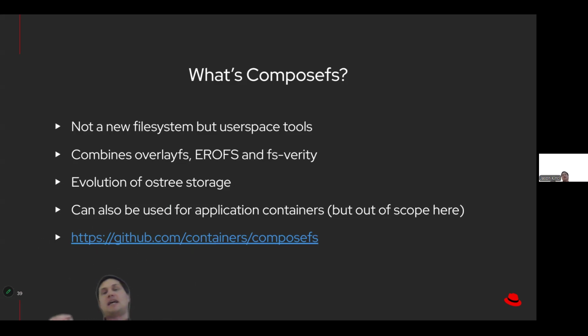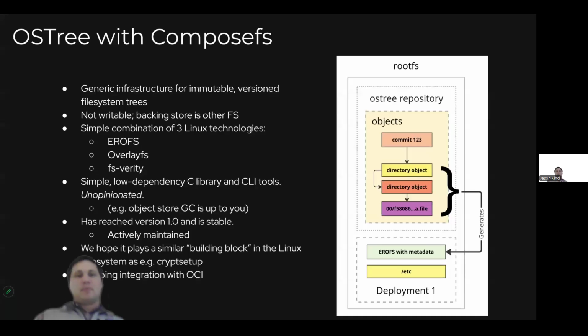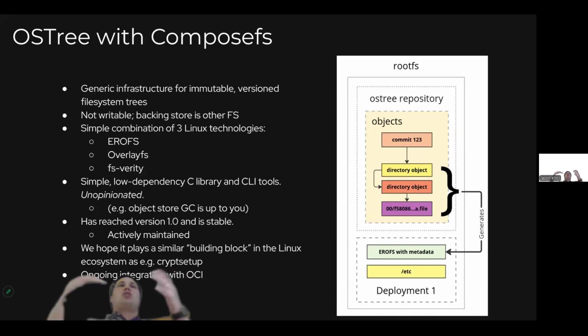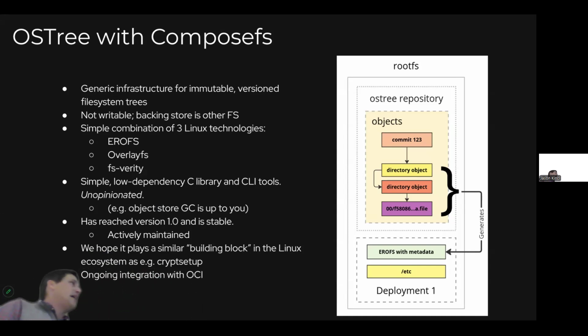So ComposeFS is our next evolution on OSTree storage, by combining these three things, trying not to create a new file system. It's basically the same thing, but it uses these other technologies instead. We store the metadata for the file system in EroFS, so we have a very small EroFS that has all of our metadata and all of our hashes in it.